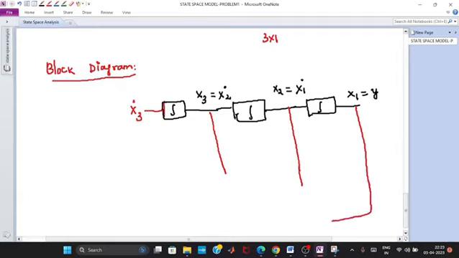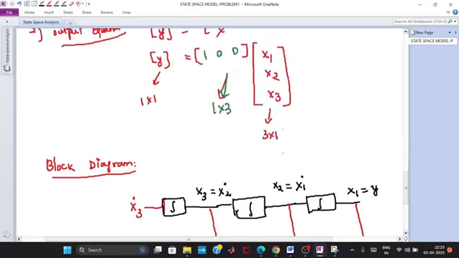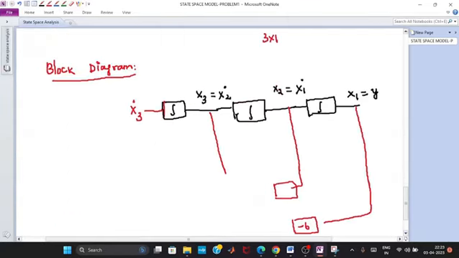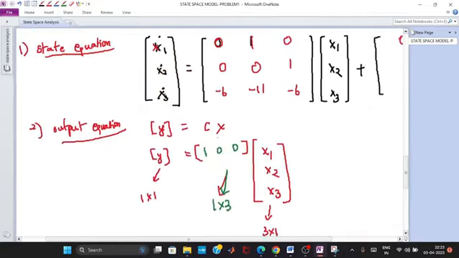What value do you multiply over x1? Minus 6. And by x2? Minus 6 x1 minus 11 x2, so minus 11 you have to multiply. And here, minus 6 x3, because here we have minus 6 x3.